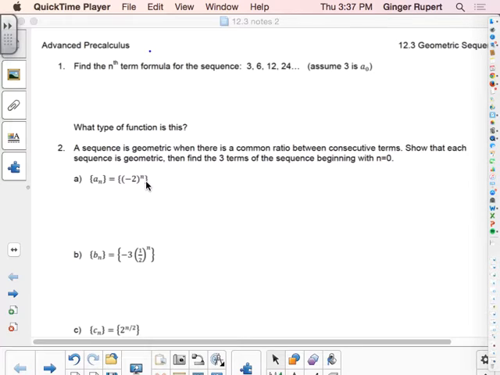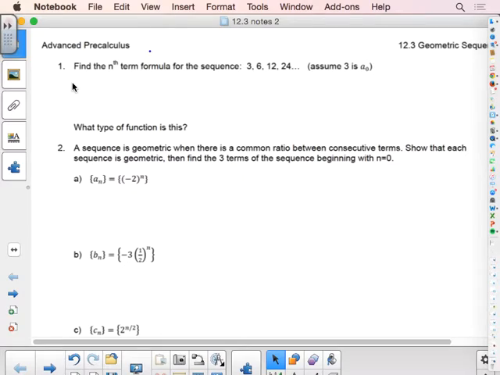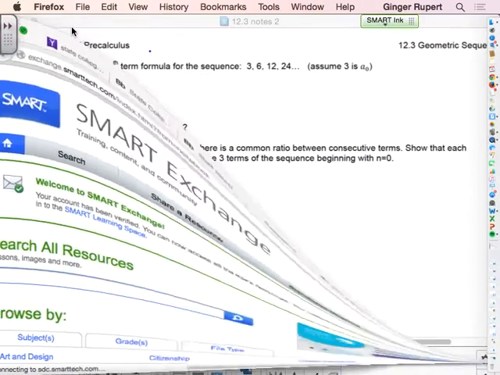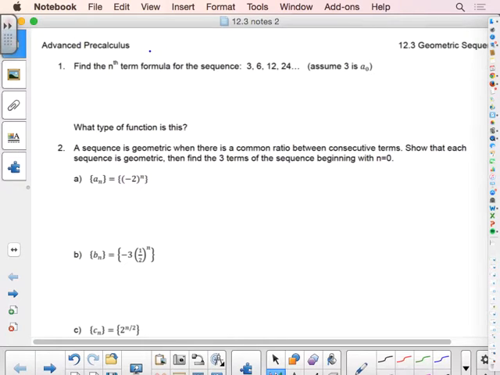Okay, so the first question says, find the nth term formula for the sequence 3, 6, 12, 24. You're assuming that a sub 0 is 3.